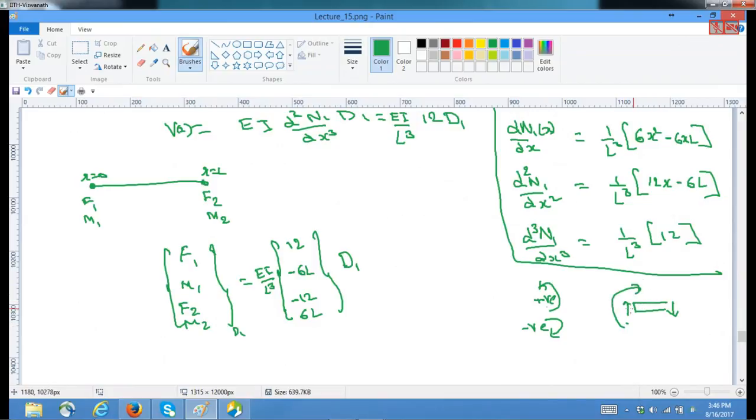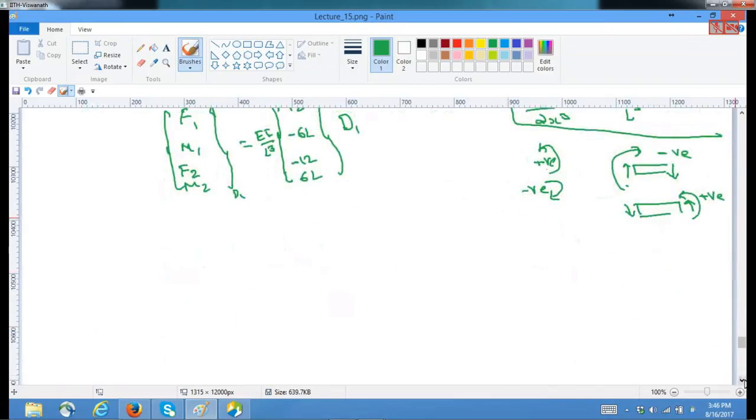So these clockwise movements are negative, and the shear force that gives anti-clockwise will be taken as positive. The same convention has been followed, and based on that we get these results.